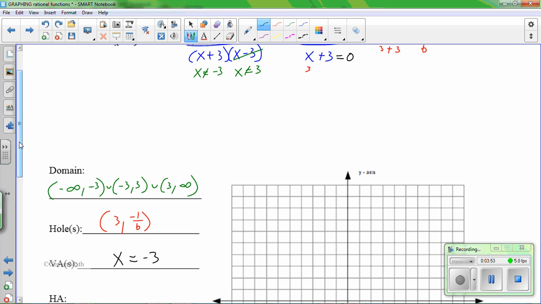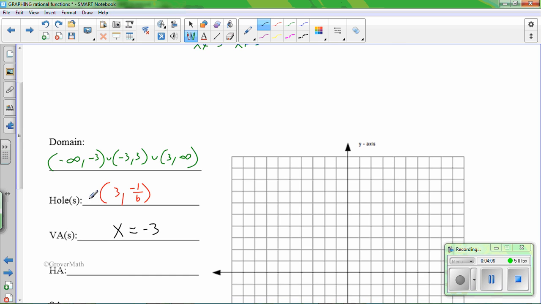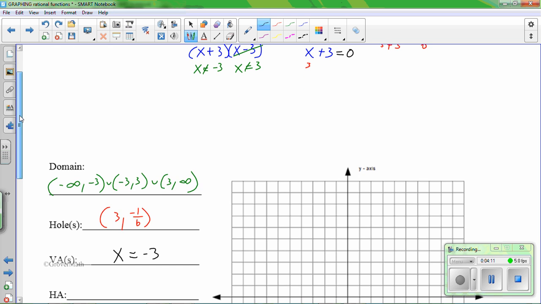But when we talk about the vertical asymptotes, we're actually going to be graphing this line, so we want it to be an equal sign when we state it as the asymptote. So we kind of go back and forth with that. But when you're stating it, use a regular equal sign, and it comes from what's going to make this 0, and an x value of negative 3 does.